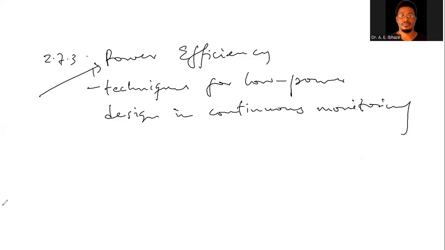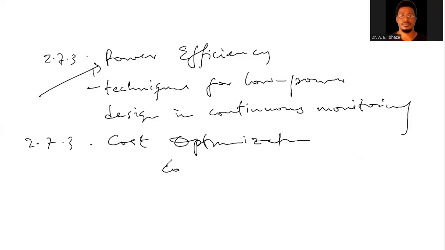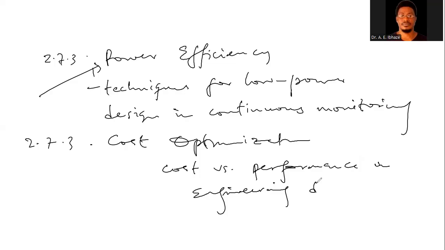So what are you going to do about that? How are we going to maintain the battery life? Then you also want to consider the costs of optimization. So here you are literally comparing cost versus performance. Okay, is it going to be affordable? That's in engineering design anyway. Is it going to be affordable? So who's going to be the available market?